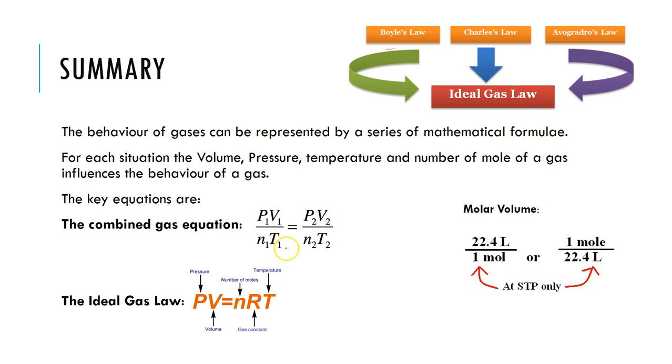We have said that the volume, pressure, temperature, and number of mole of a gas are the variables that influence its behavior, and that gases exhibit the unique property that at a set pressure and temperature, the volume is directly proportional to the number of mole. And then we defined molar volume as being the volume of 1 mole, and at STP we know that volume is 22.4 decimeters cubed.